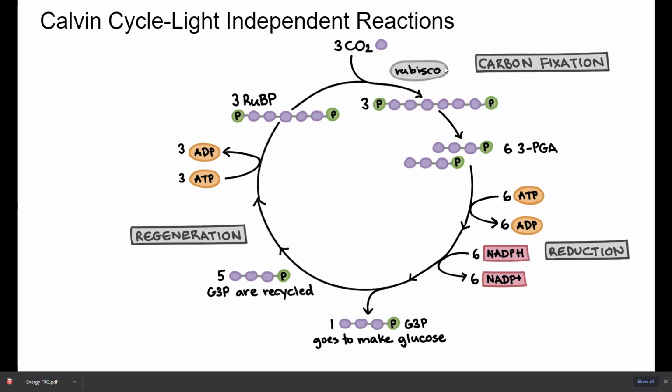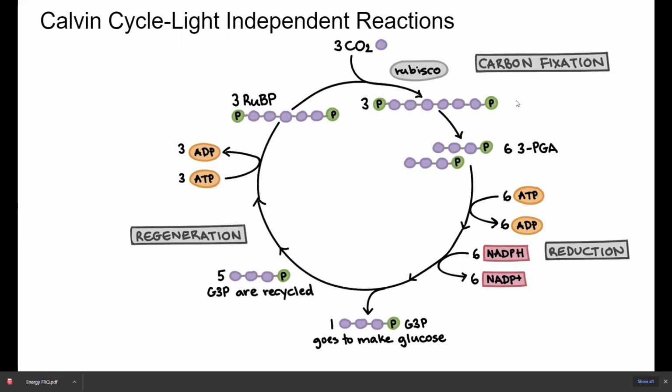It's the carbon fixation step, where it takes air CO2 and attaches it to other molecules that can eventually be used. So RuBP, don't forget, RuBP is the 5-carbon molecule that gets CO2 added to it. Rubisco is the enzyme. So this CO2 gets added to RuBP.